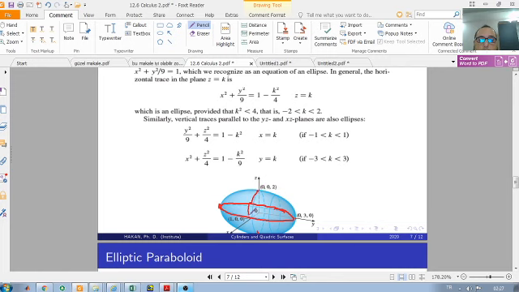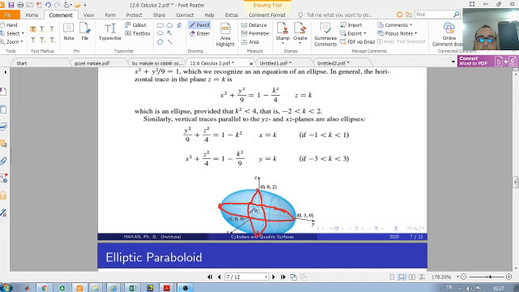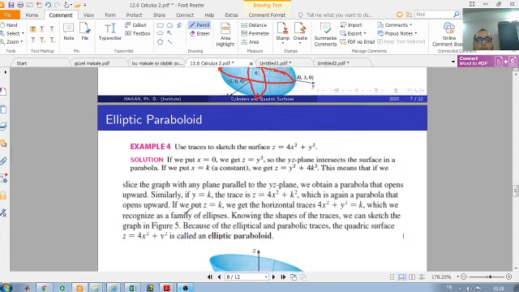And similarly, you will obtain another ellipse on the xz plane, and you can sketch the graph of the ellipsoid by using the traces like this. You will move the plane curves of the surface, and you will obtain the graph, moving to the left side and to the right side, or moving to up or to bottom.